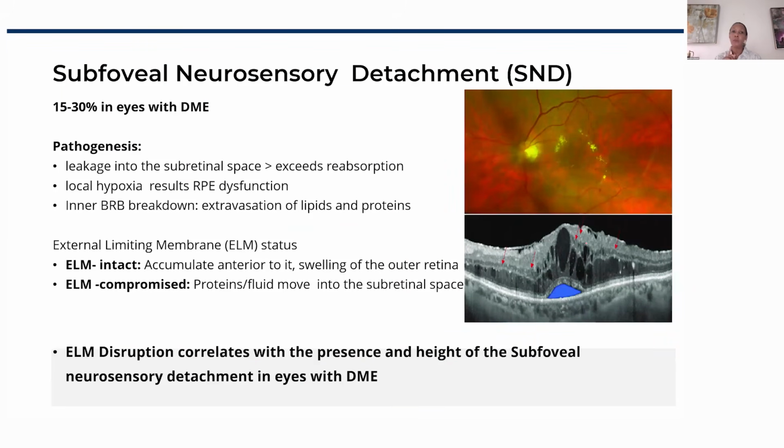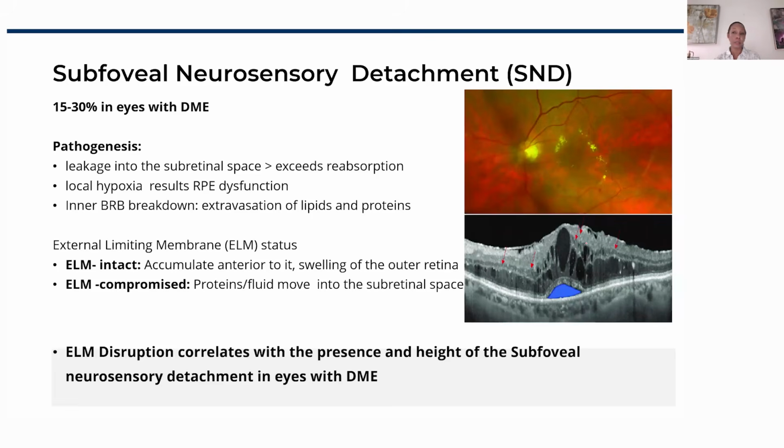Let's talk a little bit about subfoveal neurosensory detachment. That's the fluid, if you look at the B-scan of the retina in the lower picture, you can see the fluid located in blue. That's your subfoveal neurosensory detachment, and you see it in about 15 to 30% of eyes with diabetic macular edema.